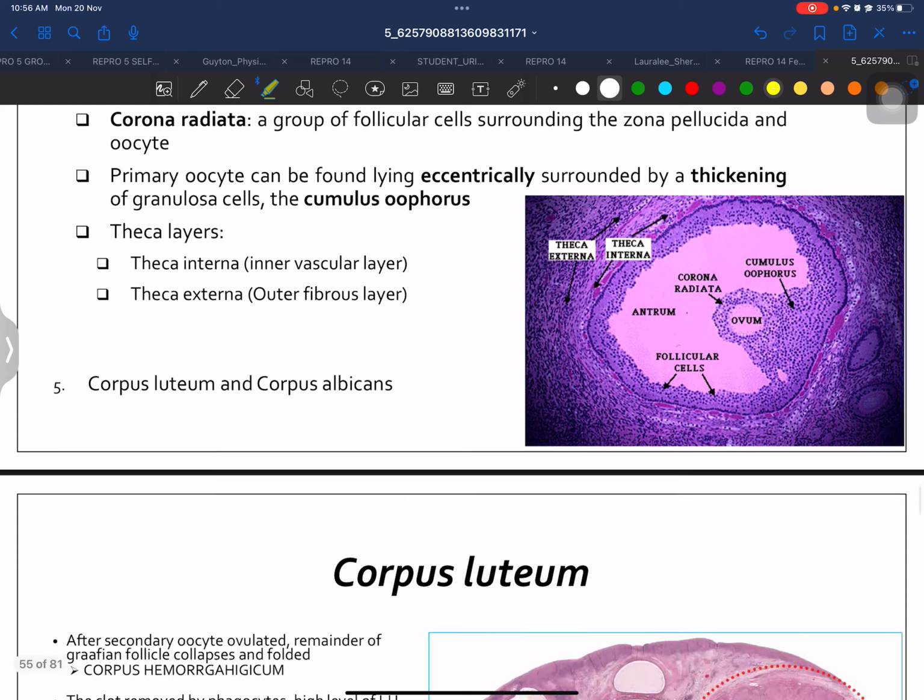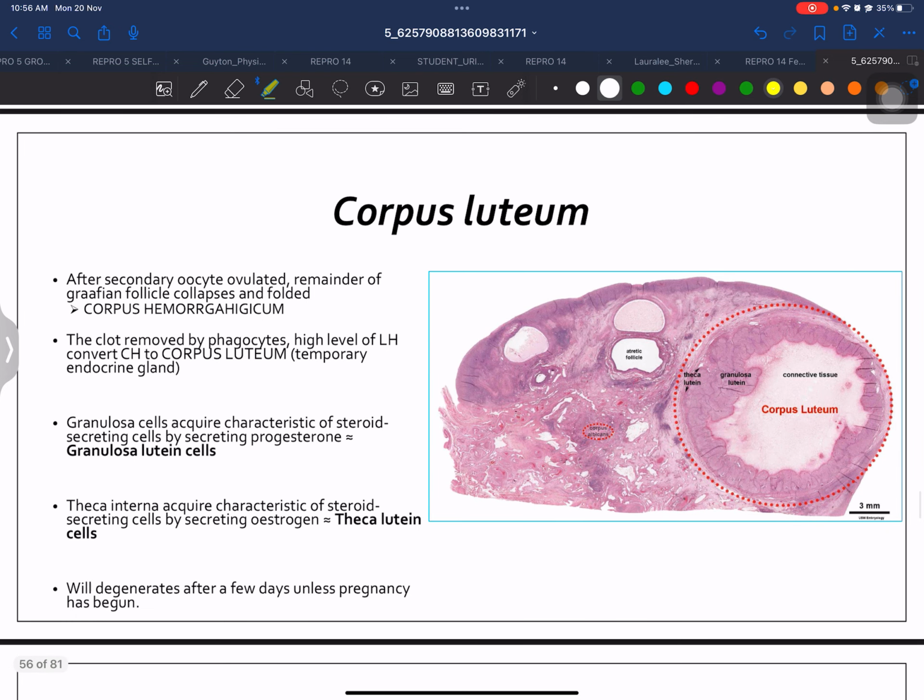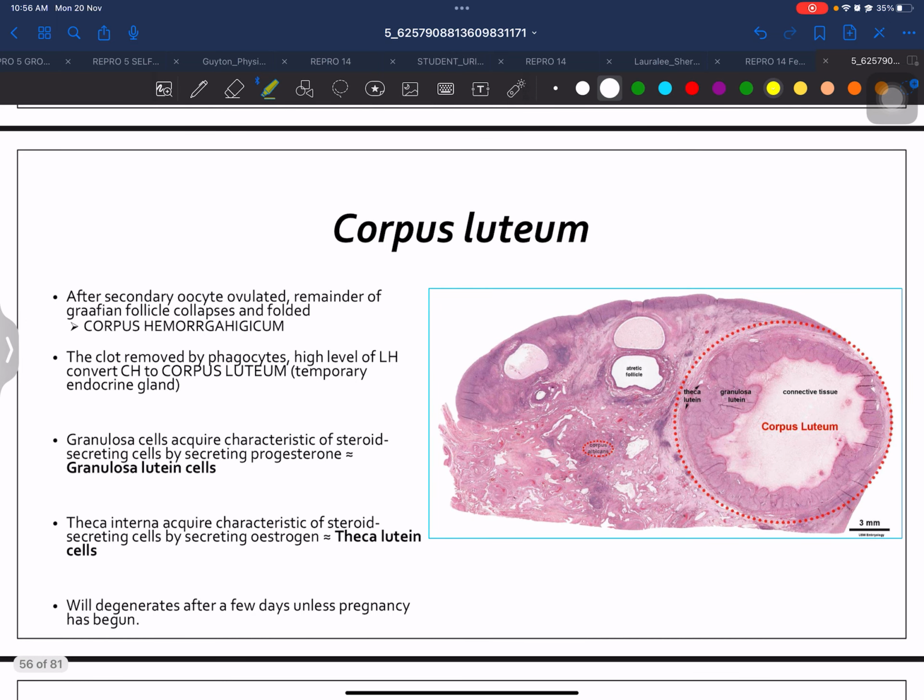Then we have this corpus luteum. Once this ovum, the oocyte, has been released, right? So nanti dia punya sarung, the follicular cells tu, dia akan jadi corpus luteum. This corpus luteum is the remnant of the Graafian follicle without the oocyte. So dia akan jadi folded like this.